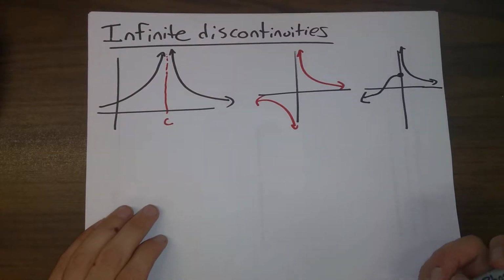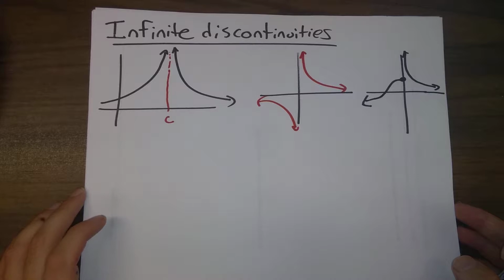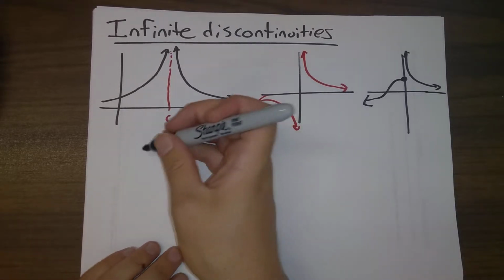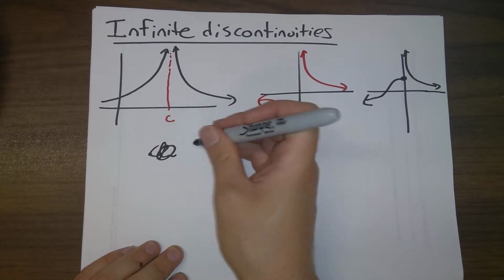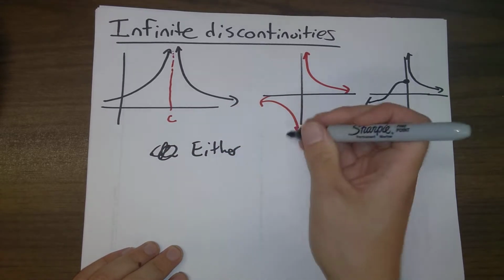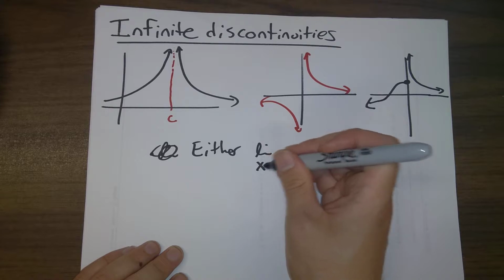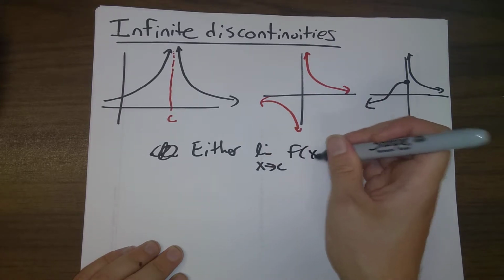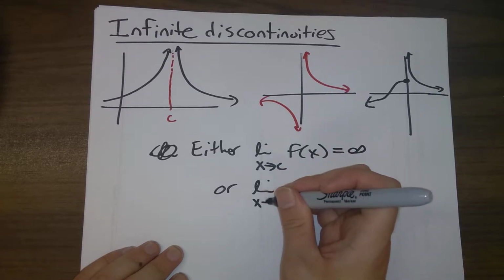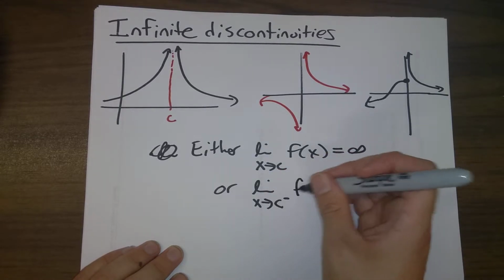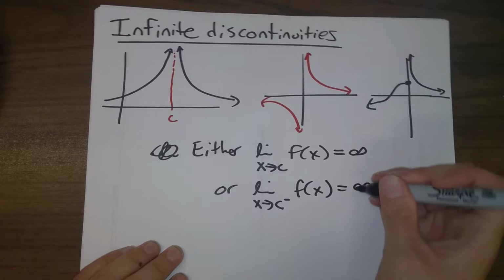The thing that sets these infinite discontinuities apart, the big marker here, is if either the limit as x goes to c of f of x is equal to infinity, or one of the one-sided limits is infinity.